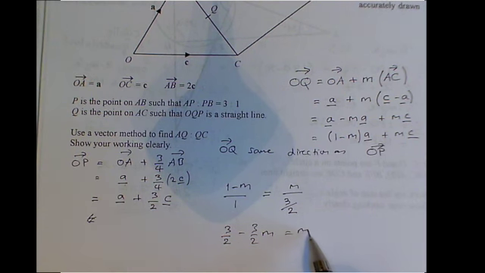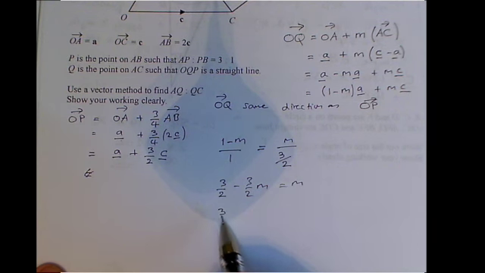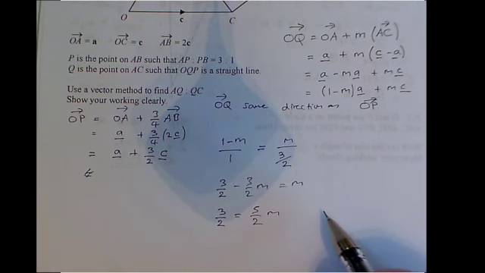So just cross multiplying the fractions to solve for M, which means that 3 over 2 is equal to 5 over 2M, which means that M is equal to 3/5.